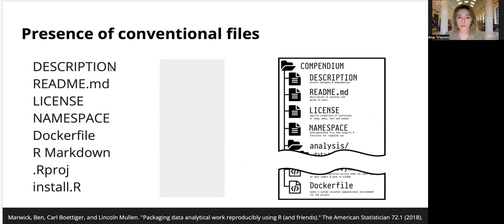These are, for example, DESCRIPTION, which has a metadata description of the software that is developed. Also README files, LICENSE, NAMESPACE, and a Dockerfile would be something more advanced. Also R Markdown is very often used. And then, for example, R project files, which mean that the code is actually packaged in a project. And also install.R, a conventional file to pre-install some of the libraries used to execute other code.